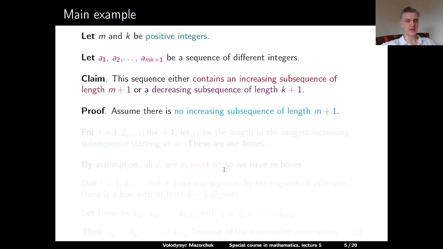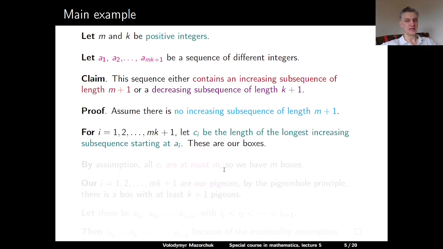To prove the claim, let us assume that there is no increasing subsequence of length m plus 1. Therefore, this means that the longest increasing subsequence has length m or smaller. So for each i between 1 and mk plus 1, let c sub i be the length of the longest increasing subsequence which starts at a sub i.